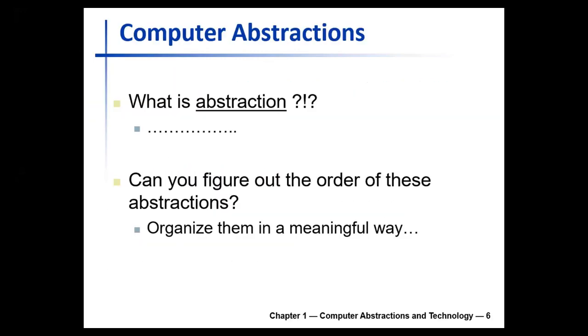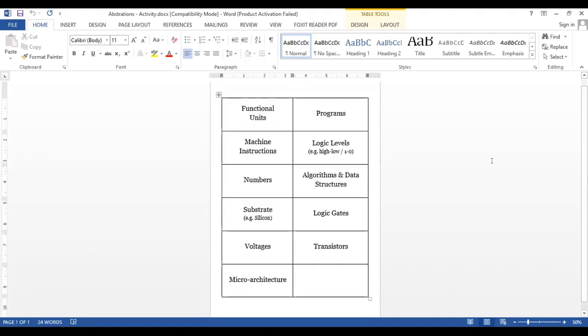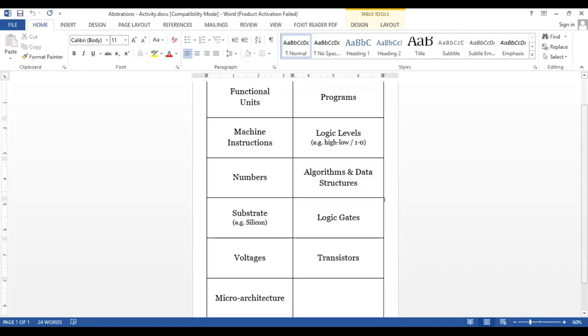Let me bring it up. Can you see the screen? The document I'm sharing? Yes. Right, okay. So here is the list of abstractions. You can see there are 10, 11 different abstractions here.